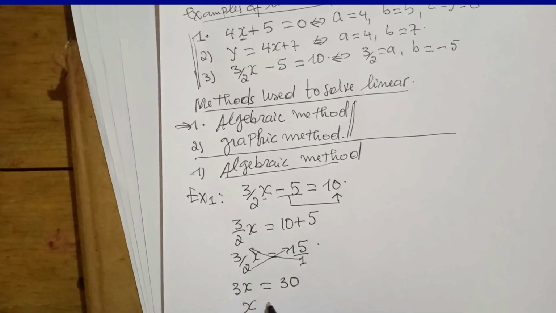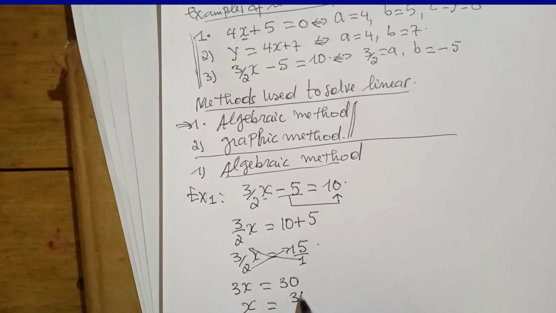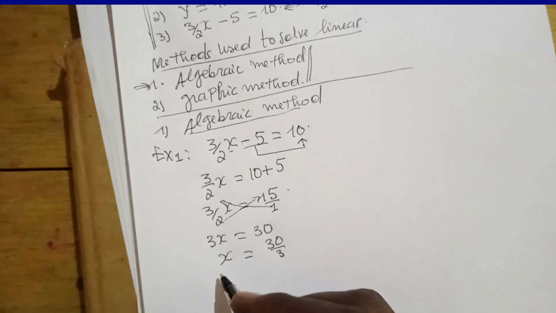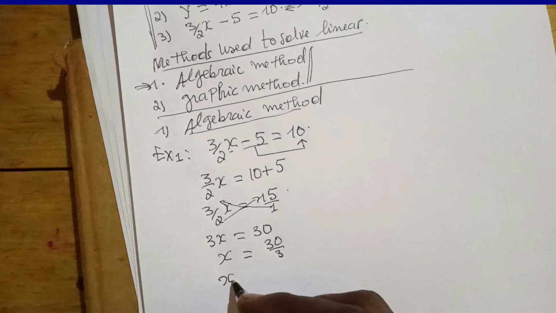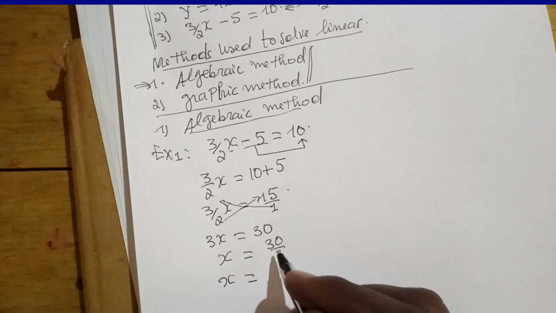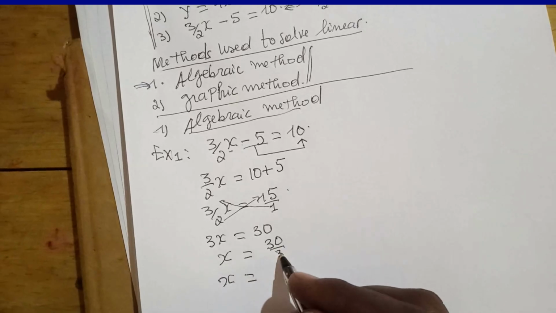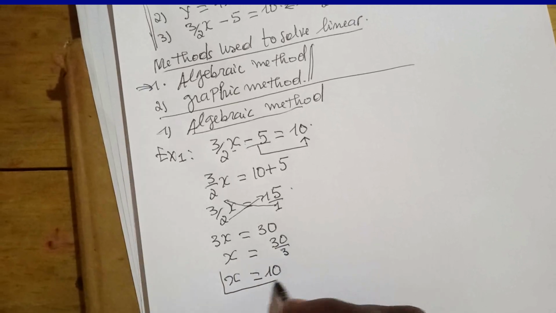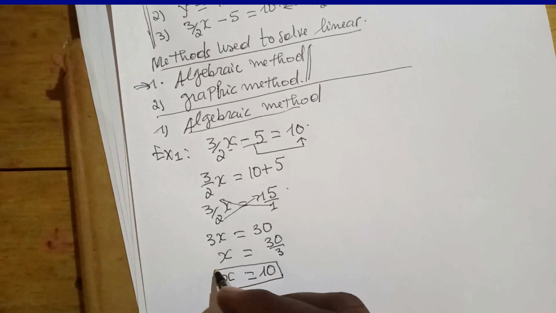Then x is equal to 30 over 3, which is equal to 10. That is the value of x. Okay, this is the first example.